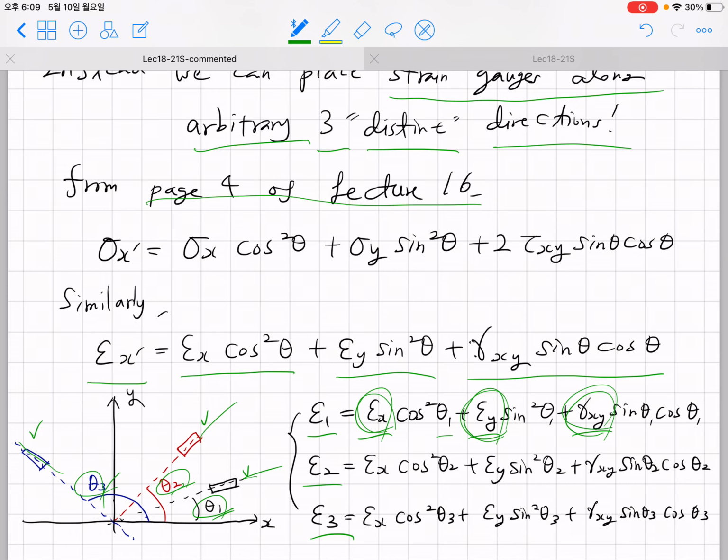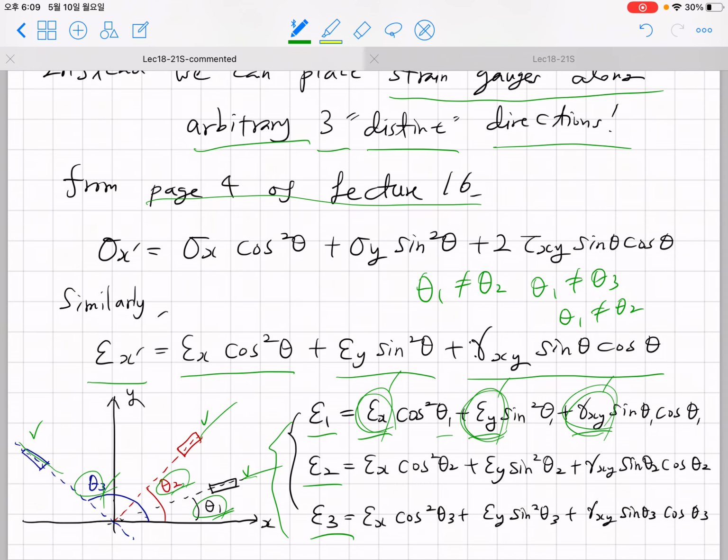Of course, you have to notice that epsilon 1, epsilon 2, and epsilon 3 must be different, so that you have 3 linearly independent equations. If you have 3 linearly independent equations and 3 unknowns, epsilon x, epsilon y, gamma xy, you can always find the answers for epsilon x, epsilon y, and gamma xy.